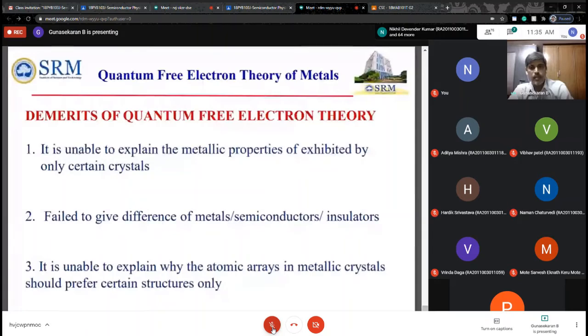It is also unable to explain why the atomic arrays in metallic crystals should form certain structures only. These drawbacks are completely overcome by the Bloch theory.